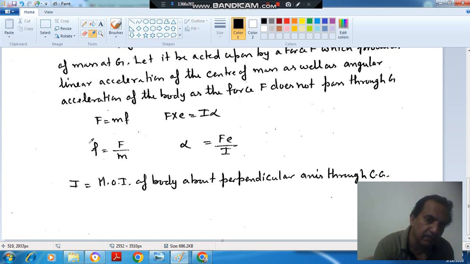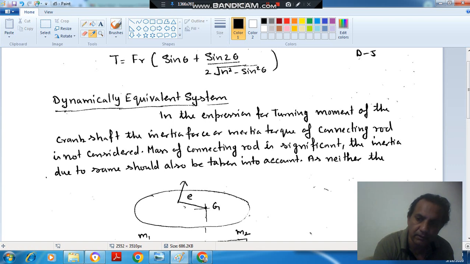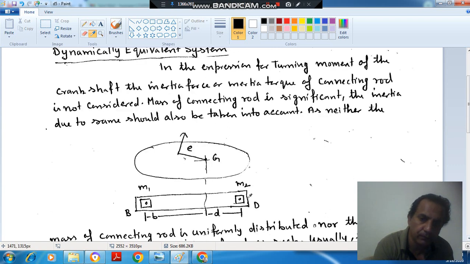For the same linear acceleration, this capital M should be equal to m1 plus m2. That is the condition for the same linear acceleration if force F is applied, because capital F is equal to small m small f.